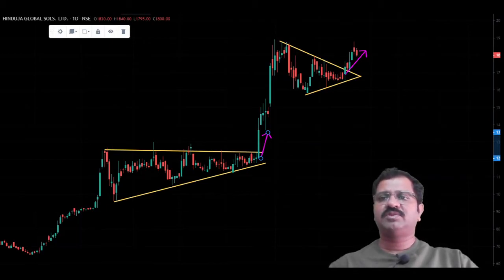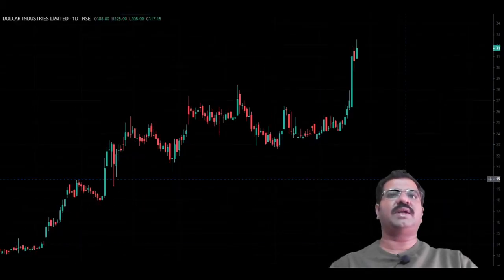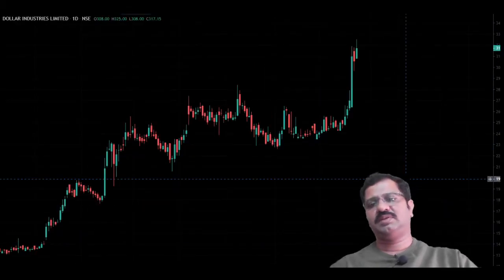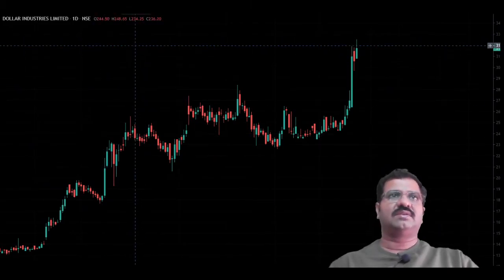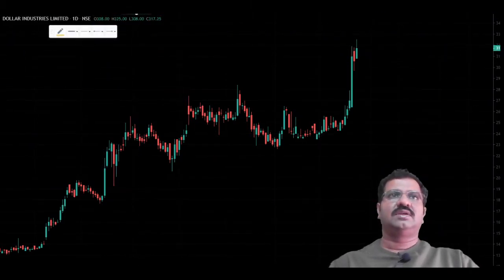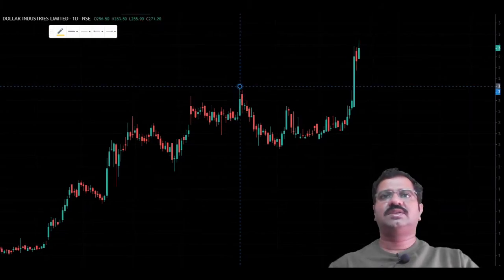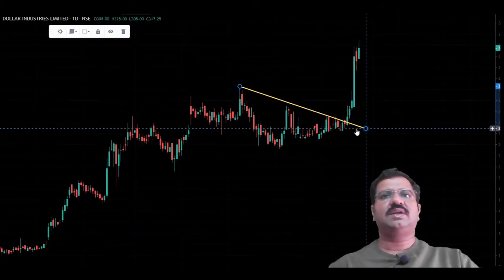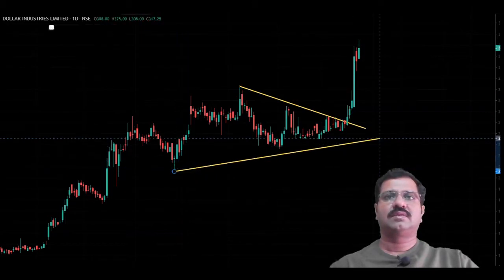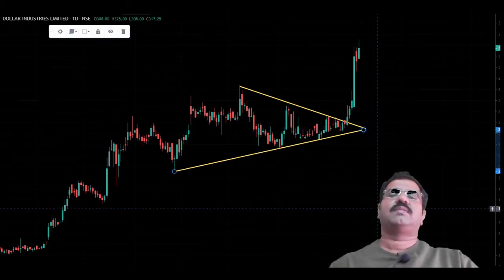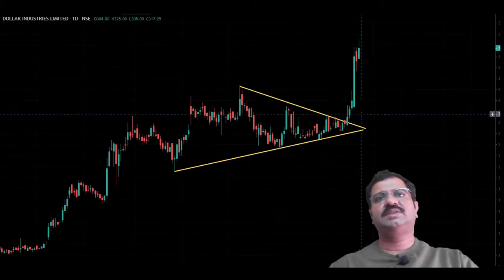See, what I am showing you are very recent patterns, very recently formed. Now this is another symmetric triangle. See, what kind of triangle is this? This is a symmetric triangle, right? And see what happened when price moved up.